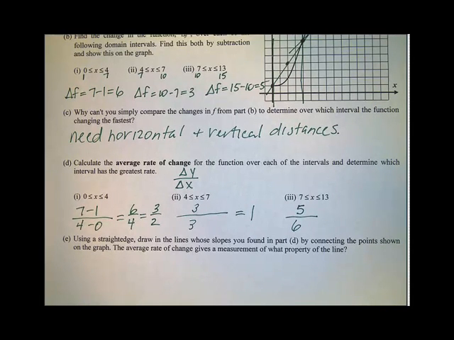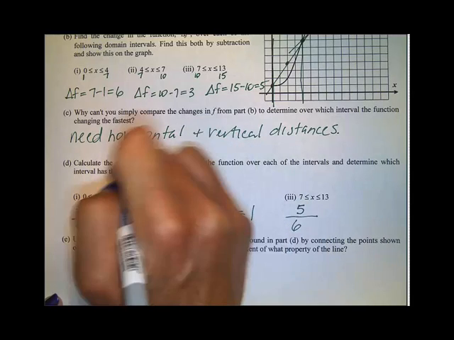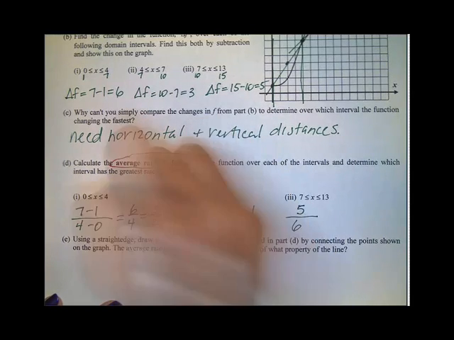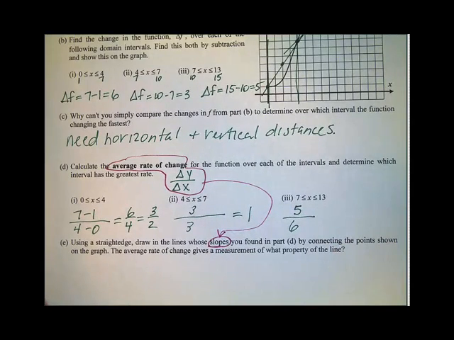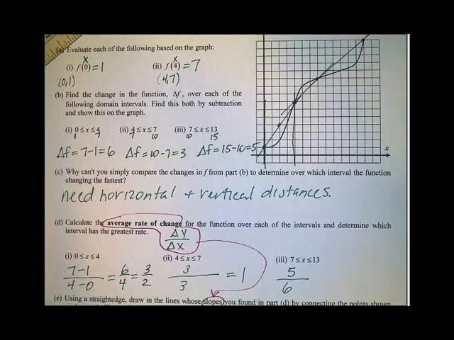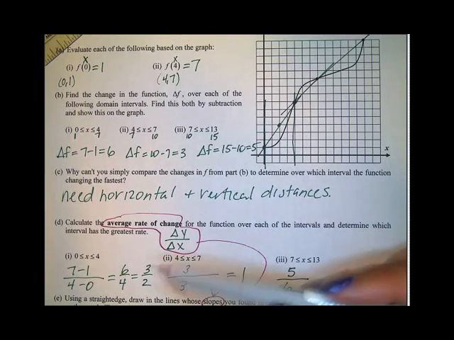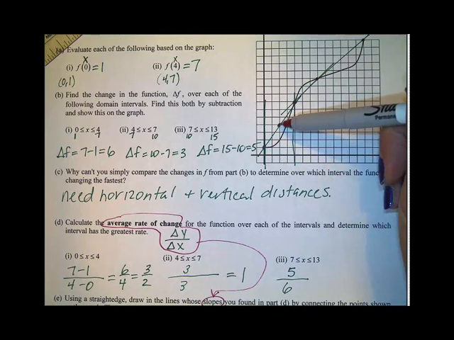Using a straight edge, draw in lines whose slopes you found in part D. The average rate of change is the change in y over the change in x, which is the slope. If you check your numbers against your graph, that's what you'll see. From 0 to 4, we rose 3, ran 2.